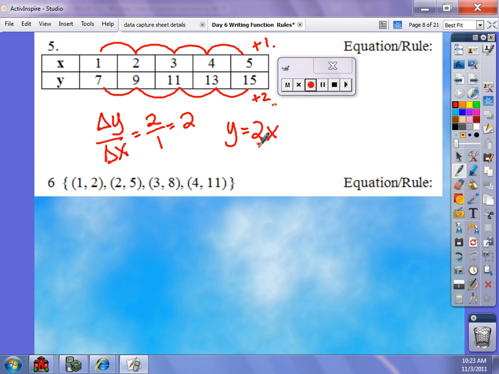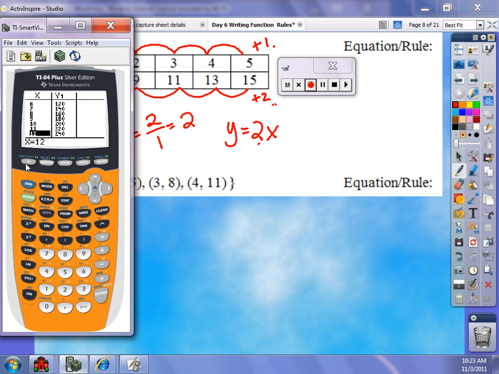From here, we're going to see if this is correct, because maybe there's something that we need to add or subtract at the end. So let's take a look. Let's plug into our calculator what we've got so far. Okay, it says 2x. Let's take a look at the table and see if this matches.